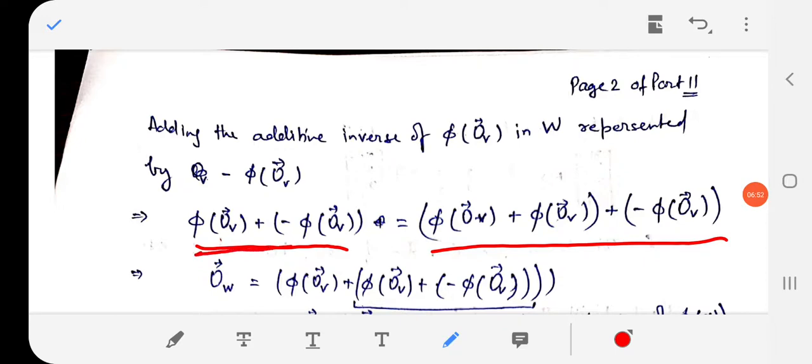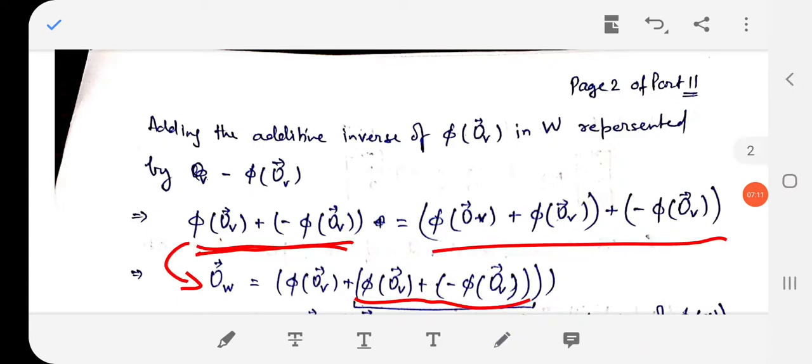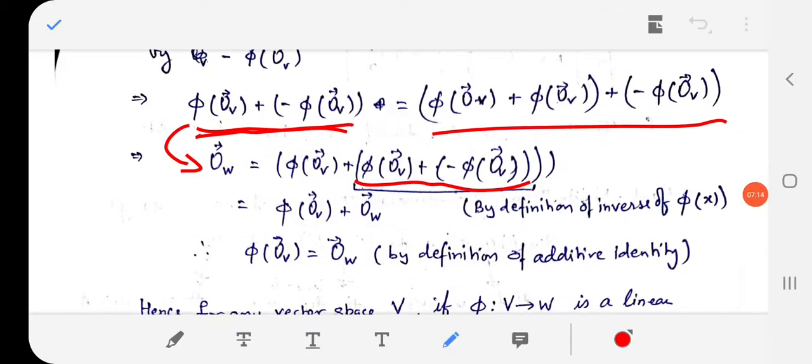Since you are adding the additive inverse, you get the additive identity of the output space on both sides. The additive identity, when added to any vector of the output space, gives the same vector, which essentially means that the additive identity of the input space is mapped to the additive identity of the output space, and that's the proof.